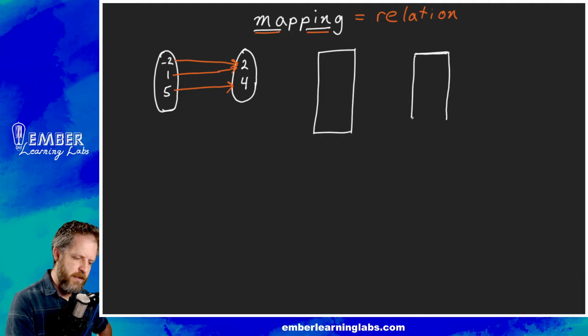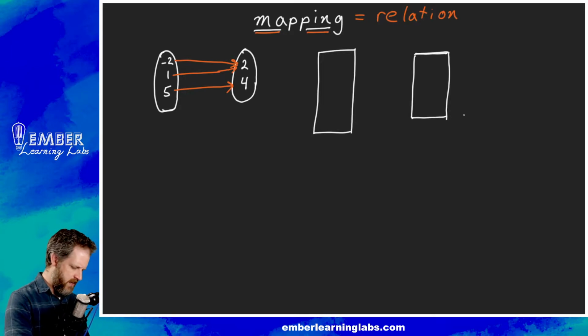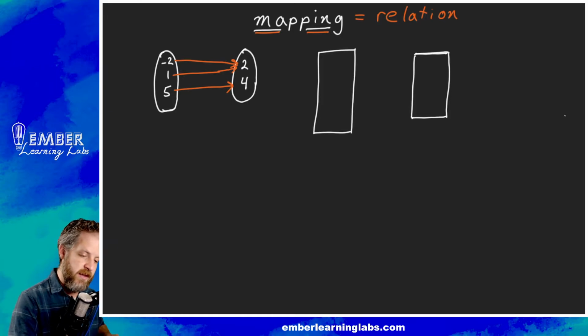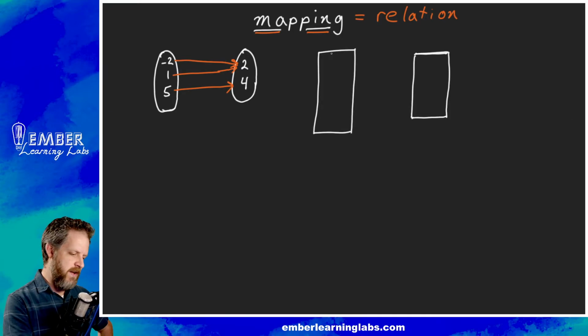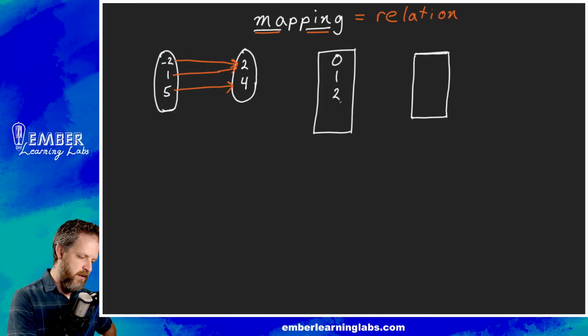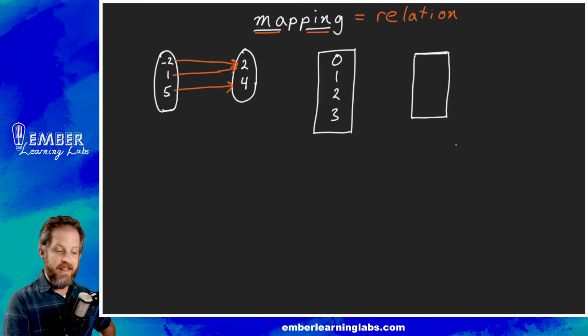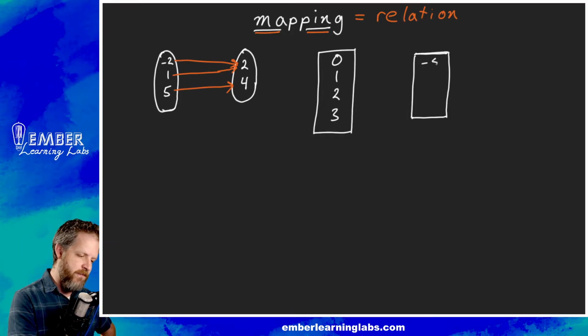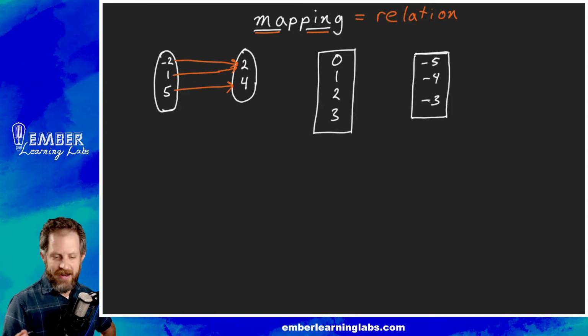I was going to say let's put letters or something, but that might be confusing uselessly, because in this context it doesn't really matter. So let's have a set with 0, 1, 2, 3, and then another set with -5, -4, -3. How's that sound?